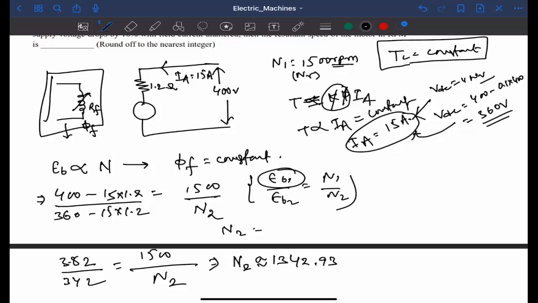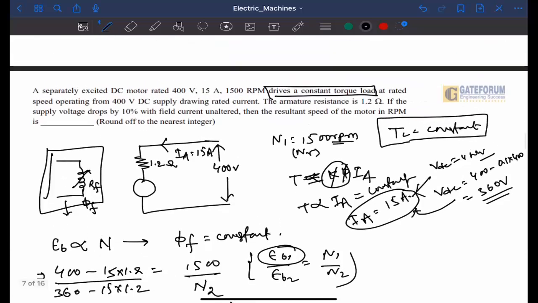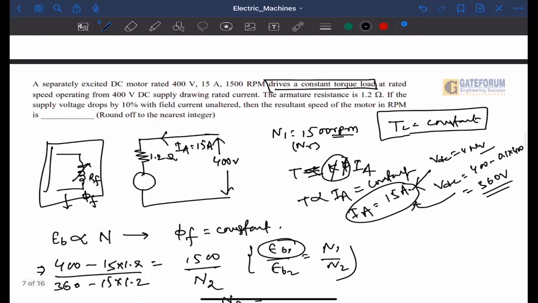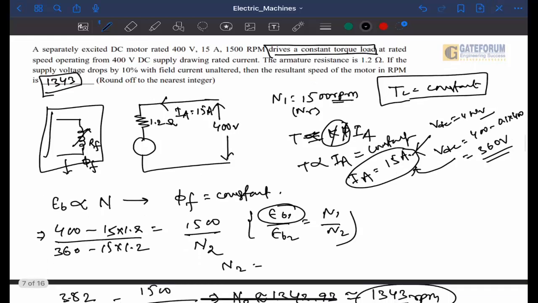So we need to round off to the nearest integer. The nearest integer will be 1343 RPM. So the resultant speed of the motor is 1343 RPM if we reduce the supply voltage by 10%, keeping the field current constant. So this way you can solve this question, which is easy and not very complex in nature.